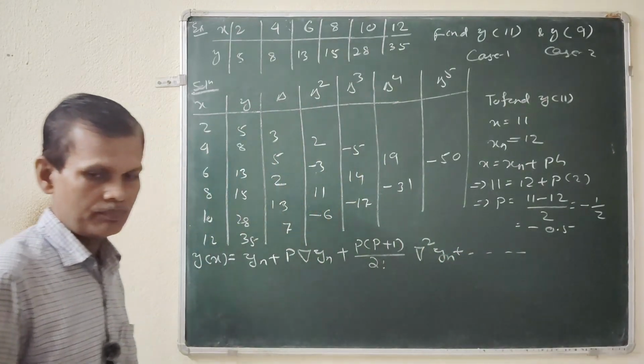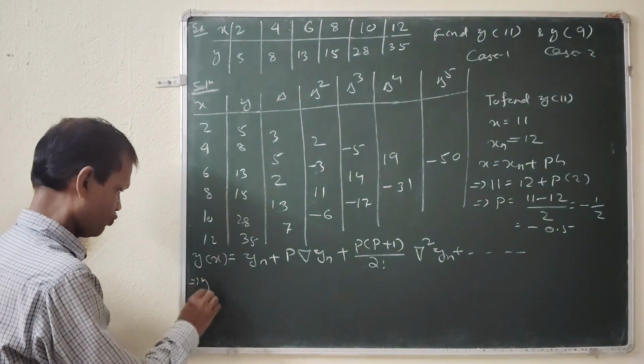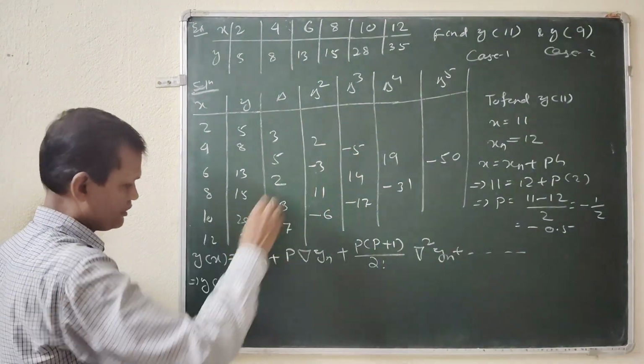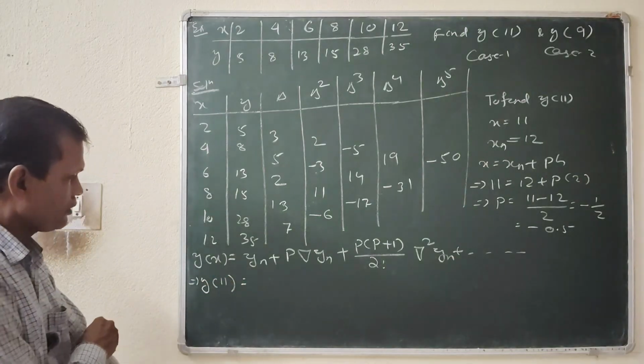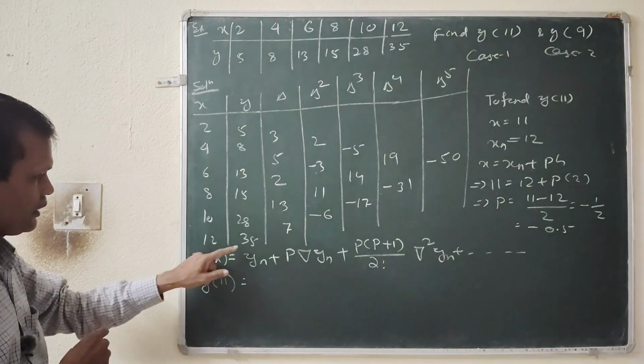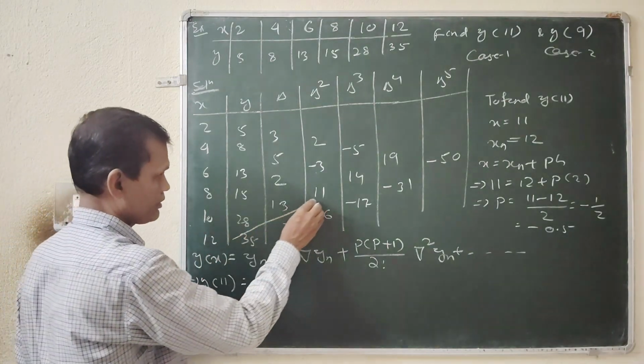This is the formula. Now you put the values. Y of 11, x is 11, that is our desired point. Yn, this is our last data xn, corresponding to that is yn, means you will use this set of data, mind it.